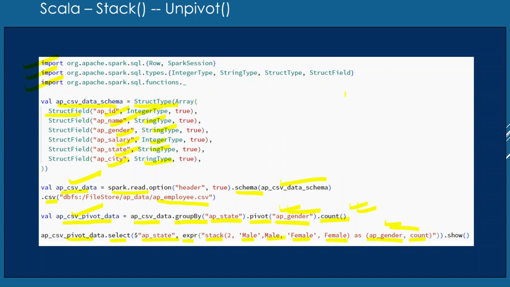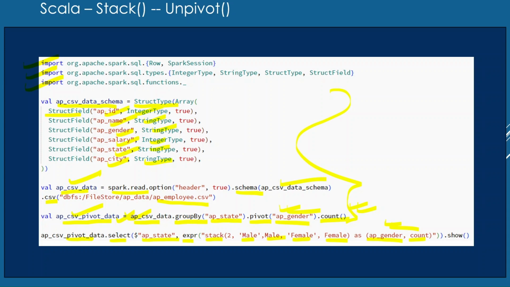Till here, the creation of this pivoted data frame, we have done in the previous exercise. So I am going to copy the code till this pivoting, and then I will show you how we can unpivot that pivoted data frame with the help of a stack function.